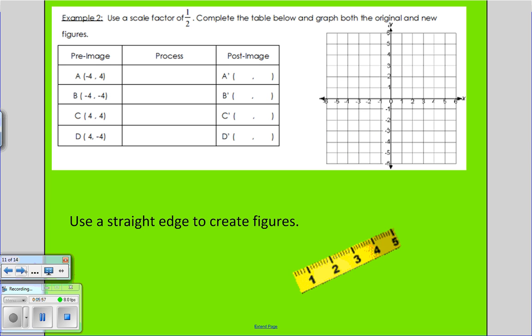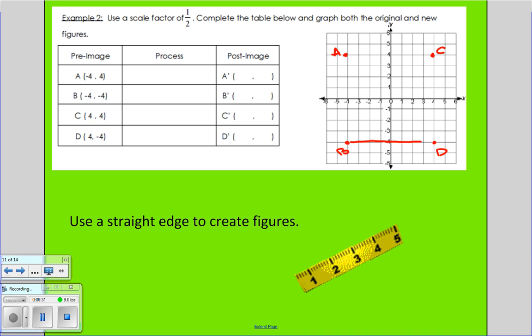Now a scale factor of 1/2. So we're going to take everything multiplied times 1/2. For our original image, we're at (-4, 4) for letter A, (-4, -4) for letter B, (4, 4) for letter C, and (4, -4) for letter D. So here's our original.